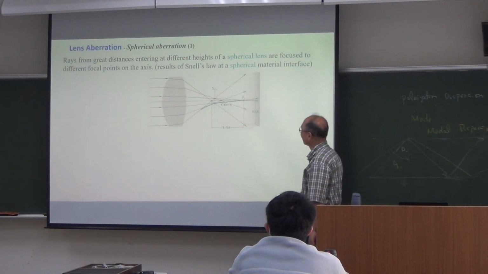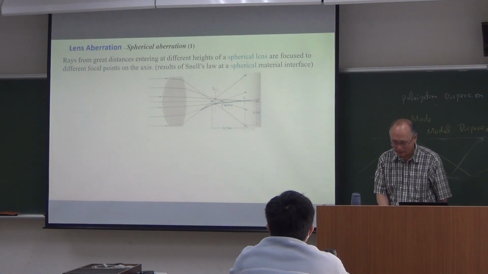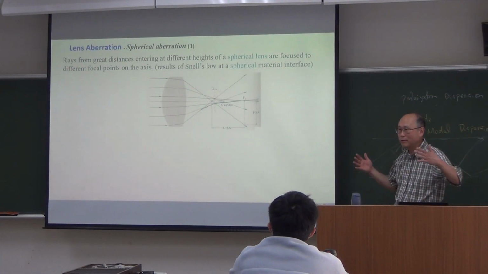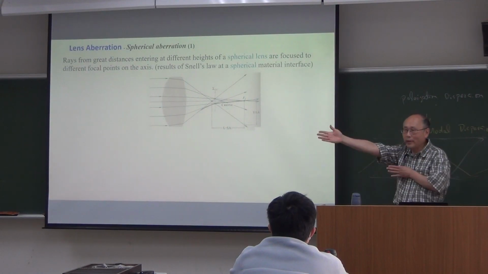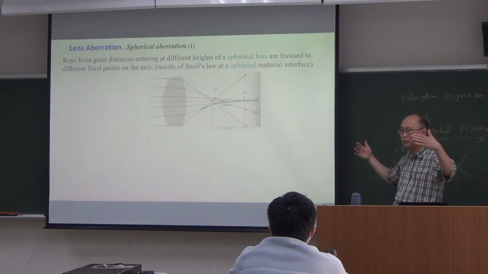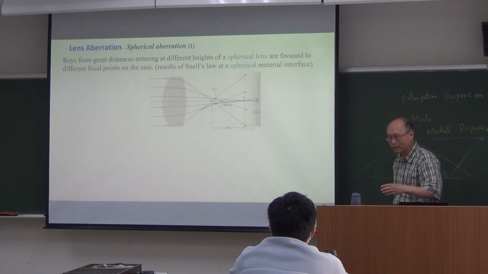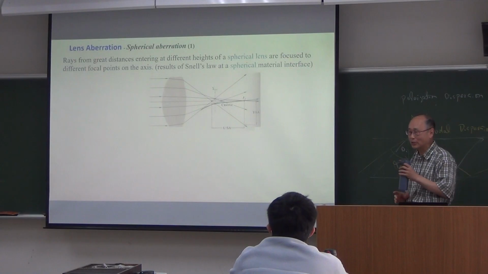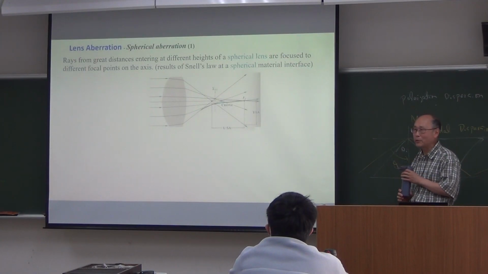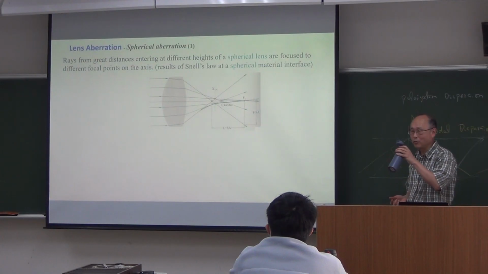When you have a spherical surface, then you understand that the non-paraxial light, the light going away from the center, is going to suffer from spherical aberration, because a spherical surface is not the right geometry for focusing light into a spot.